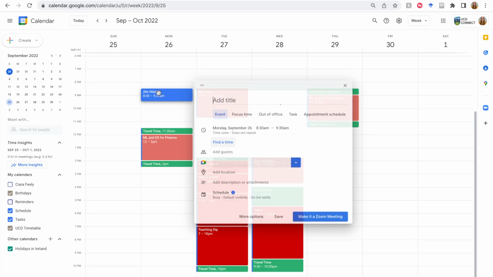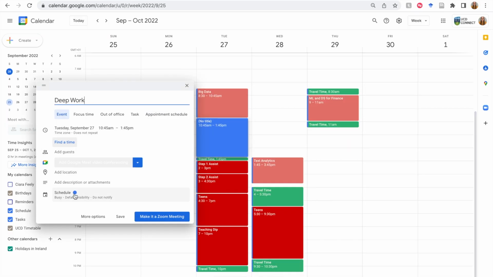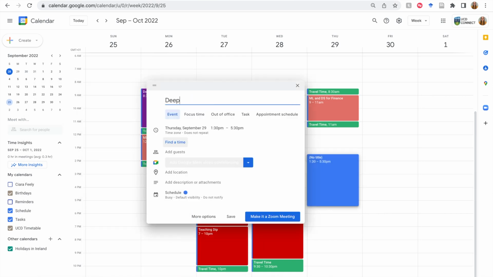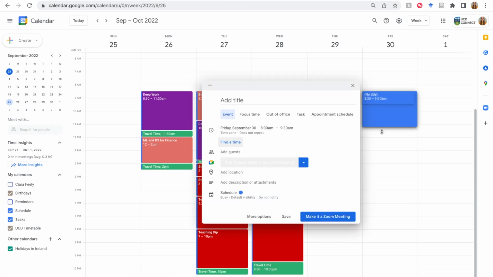So what I do after this is I try to then look at when will be the times that I can fit in blocks of deep work. So when can I fit in blocks of 3 or 4 hours where I can get a large amount of work done. And so I can see some spaces on the calendar where I do have time in between things to get some work done.